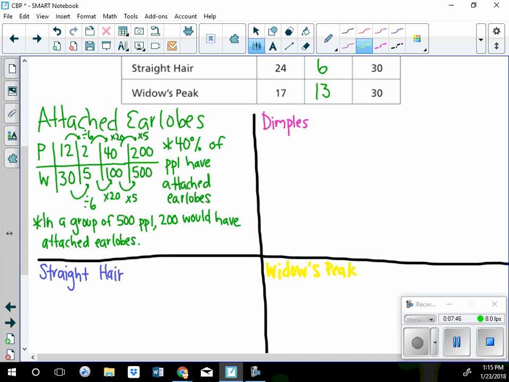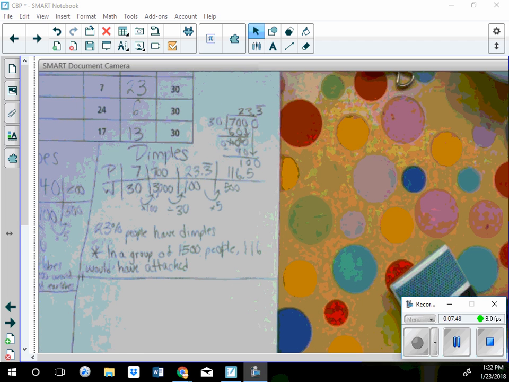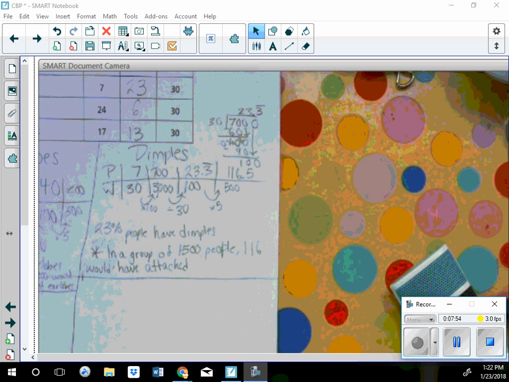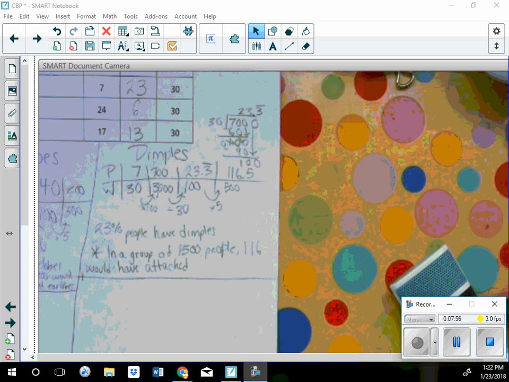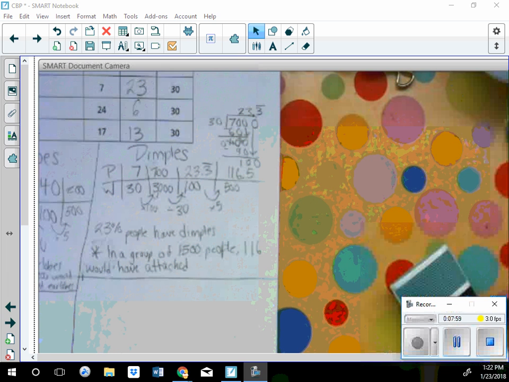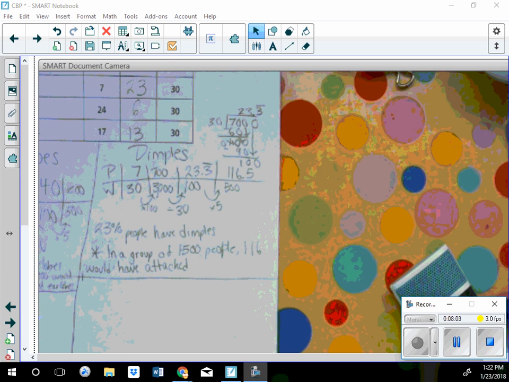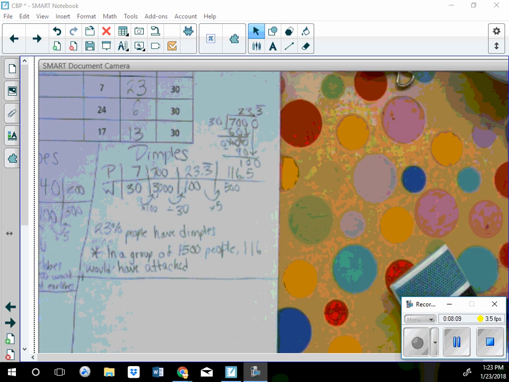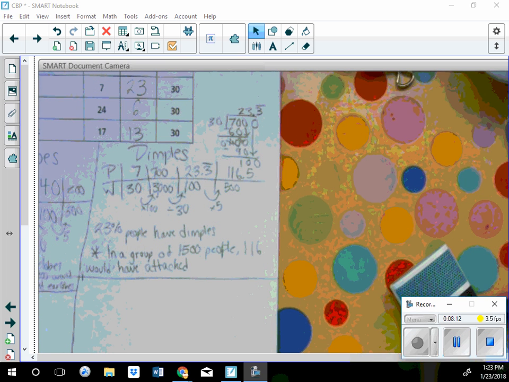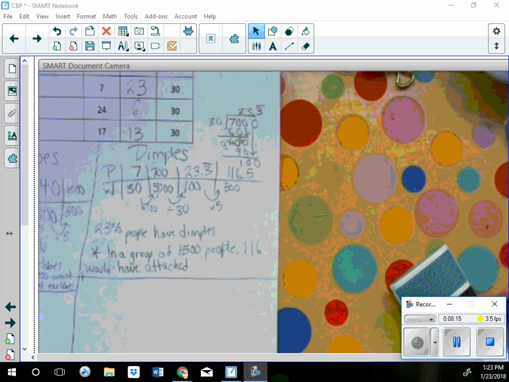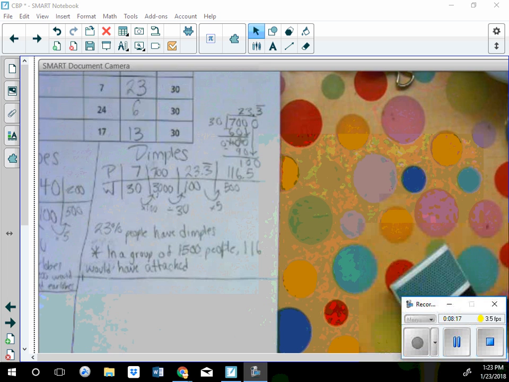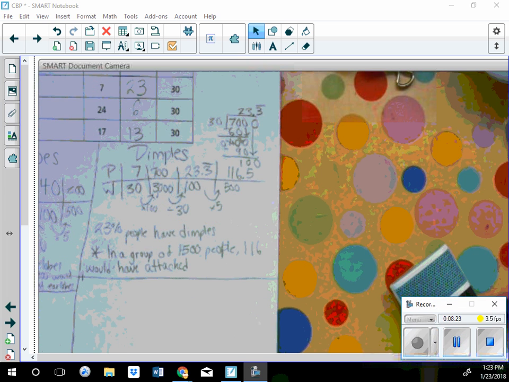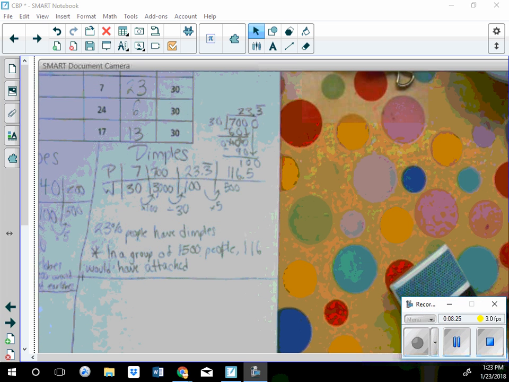What I did was I had 7/30ths, which I got from the chart above, and then I timesed it by 100, because me and Seamus were thinking of doing it by 10, but then we decided it would be much easier to do it by 100. Then after that we divided it by 30, and we got 23.3 repeated, and then we timesed that by 5, and we got 116.5.